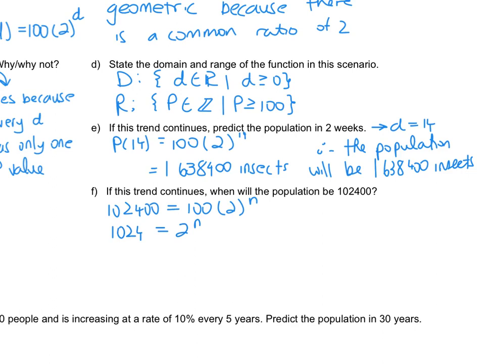Now you totally can, but this 1024 should be a little bit familiar from your exponent table. So 2 to the power of 10 is actually 1024. So we can say 2 to the power of 10 is equal to 2 to the power of d, and then we can set our exponents equal to each other. So that means that d equals 10.